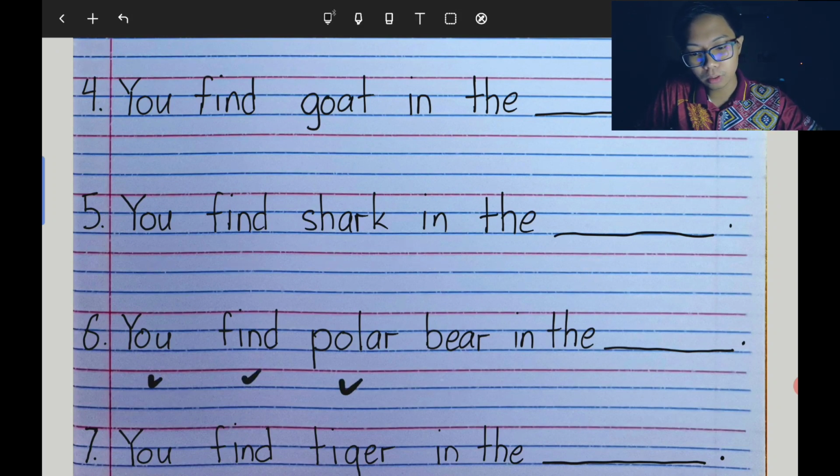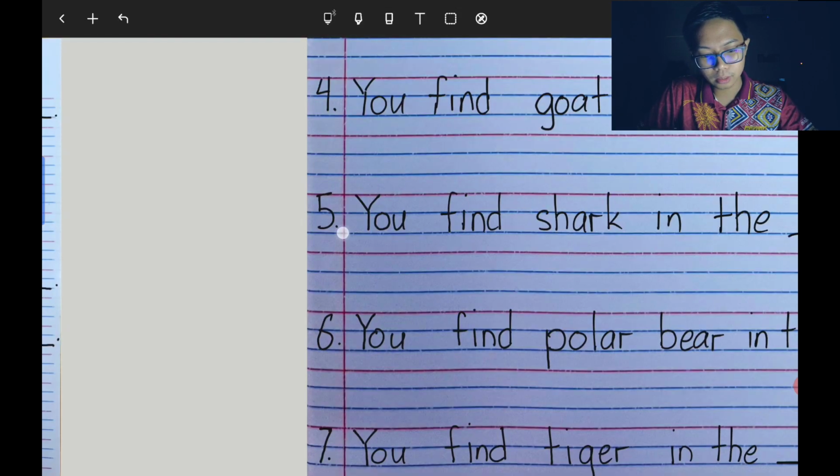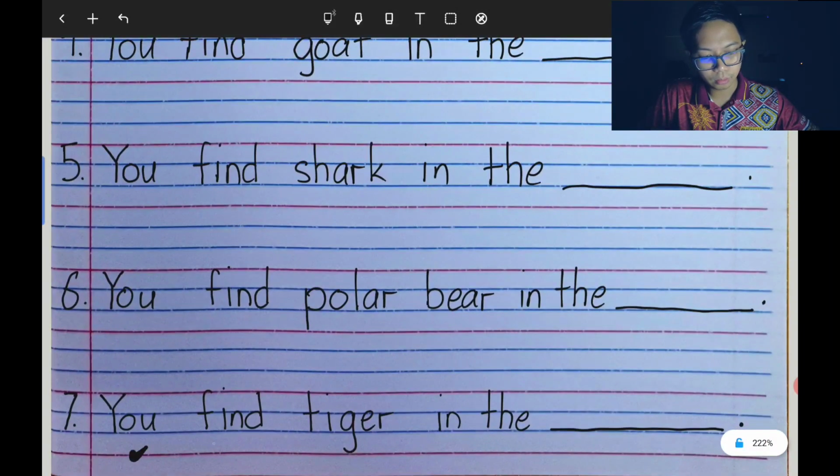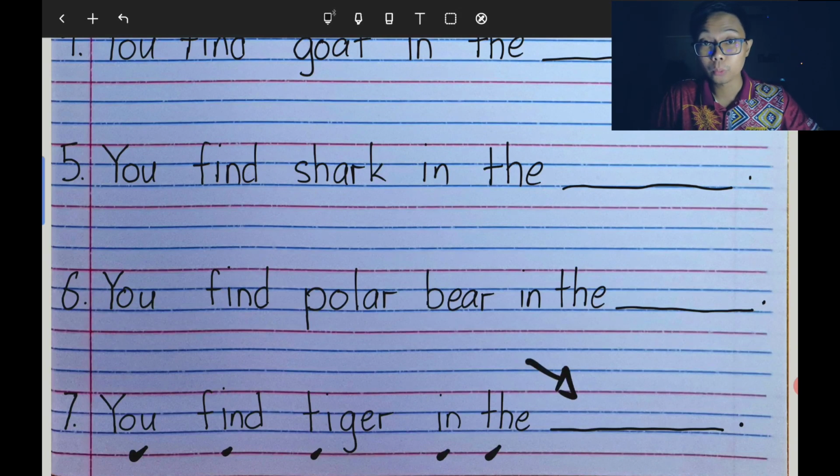You find polar bear in the, di mana kamu jumpa beruang kutub? Write down your answer. And number 7, down here, you find tiger, okay, harimau, in the where? Ocean. Write down your answer.